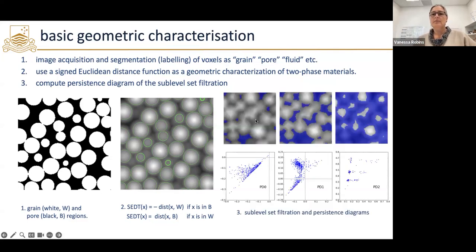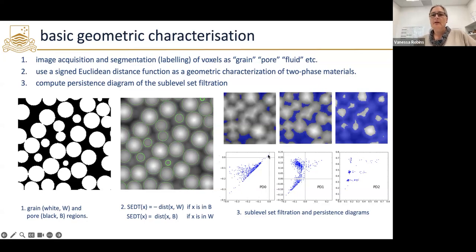Okay, so here's a little example where I've taken a slightly noisier image than this one and done the lower level set filtration on that signed distance transform and computed the persistence diagrams. So you can see that the pore space is characterized in the degree 0 persistence diagram because the pore has the negative distances.